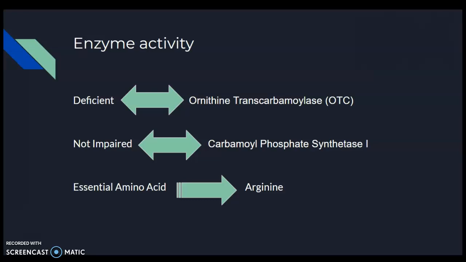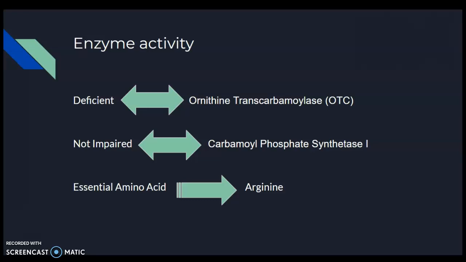And finally, if we have a deficiency of OTC, what amino acid would be essential in this case? I went with arginine. Arginine ultimately becomes essential because it provides an alternative pathway in the urea cycle to help remove nitrogen out of our body.